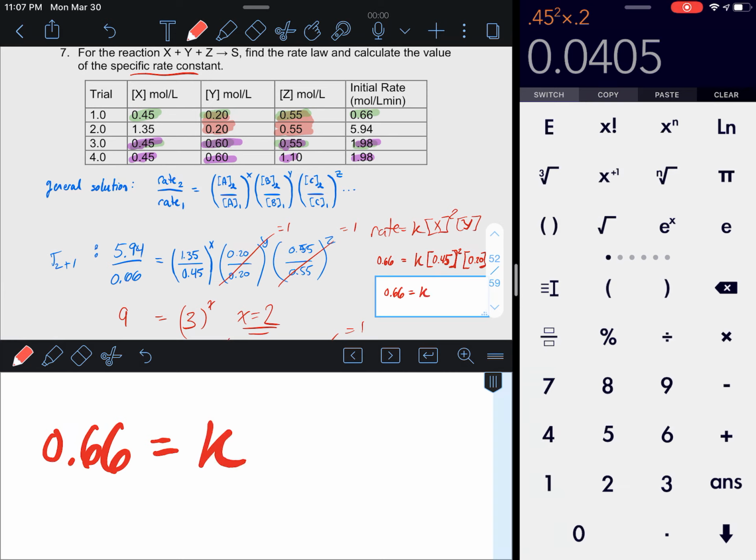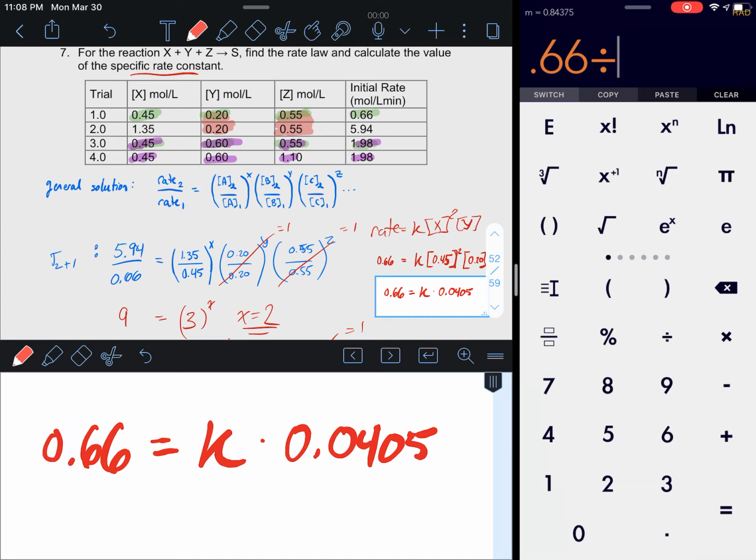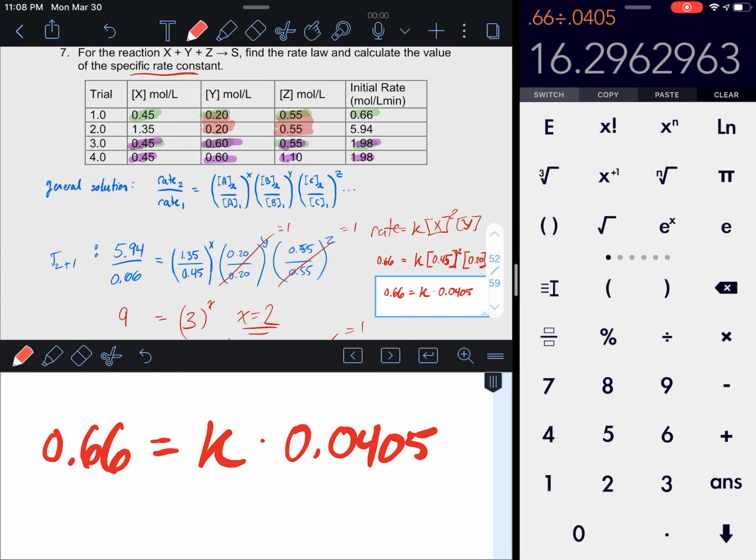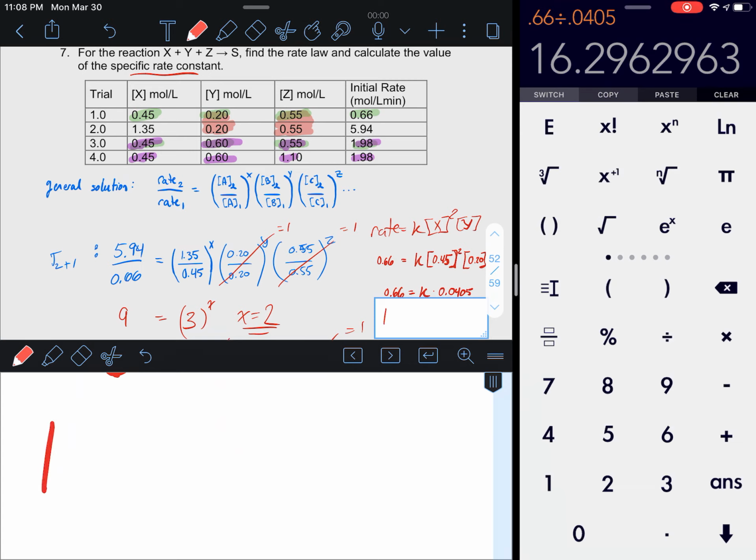0.45 to the power of 2 times 0.2 gives us a total of 0.0405. So 0.66 equals k times 0.0405. So we're going to divide that away. 0.66 divided by that crazy number, 0.0405. And we get essentially a value of 16. We only have 2 significant figures throughout, so we can actually only put 16.